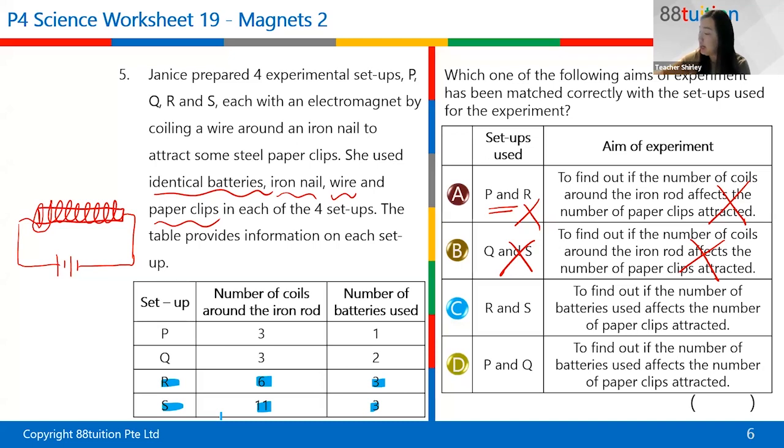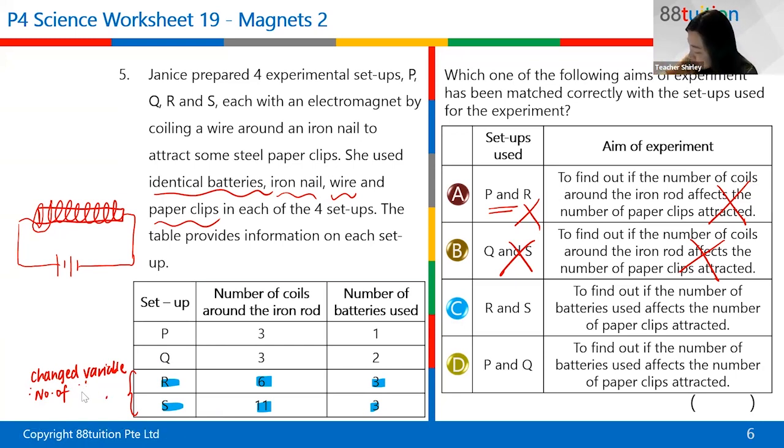If we were to use this setup, the aim should be to find out, basically, the change variable is the number of coils, right? So it's to find out if the number of batteries.